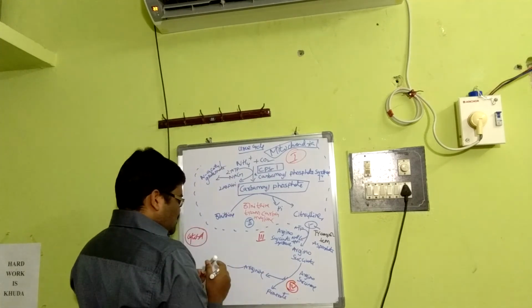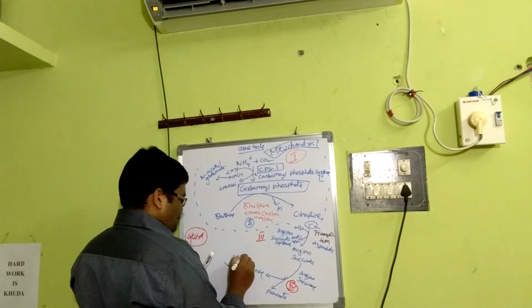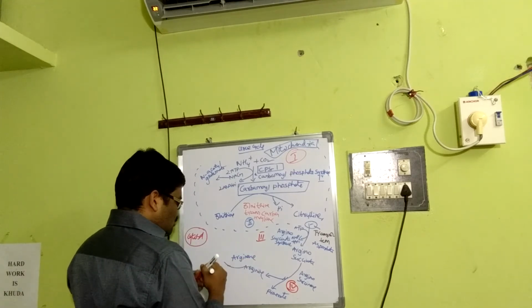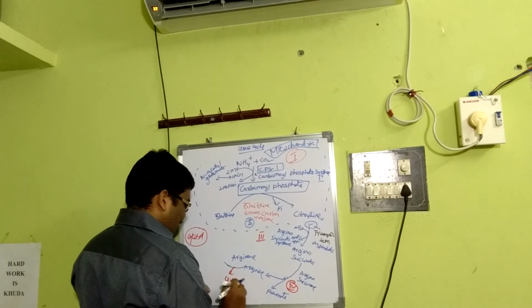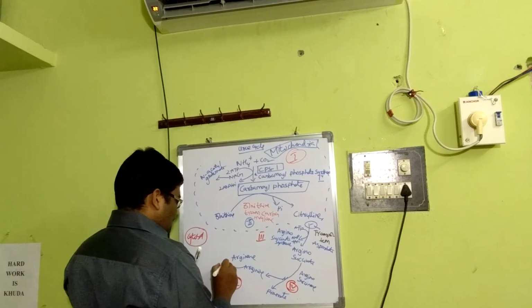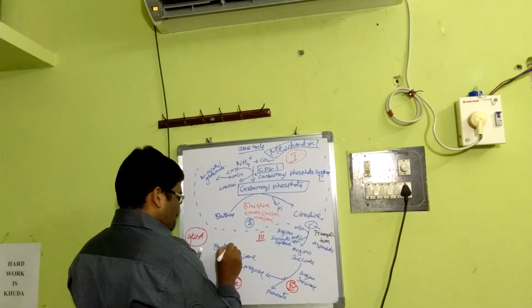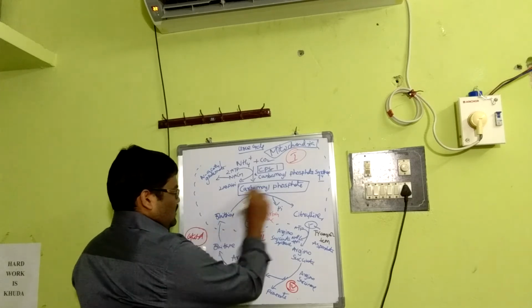Then arginine is catalyzed by the enzyme arginase to split into urea and ornithine, and the ornithine enters the mitochondria later.